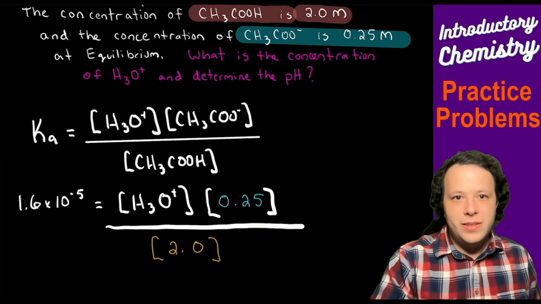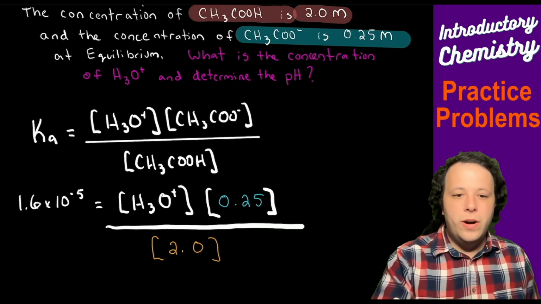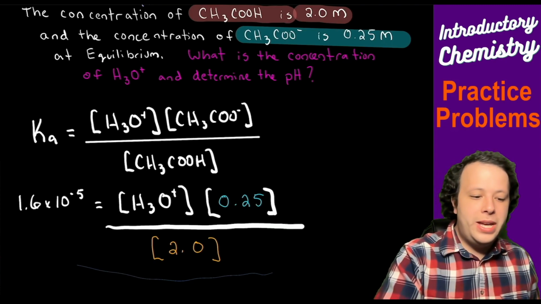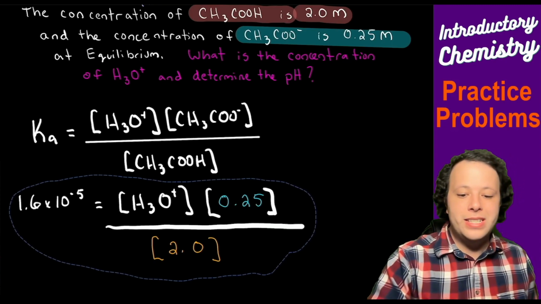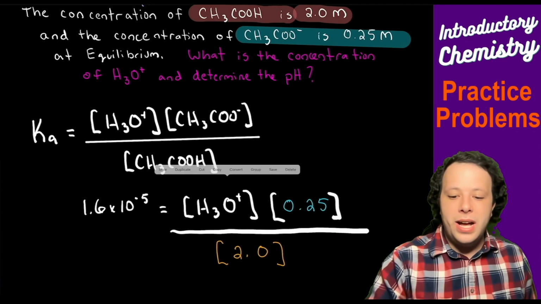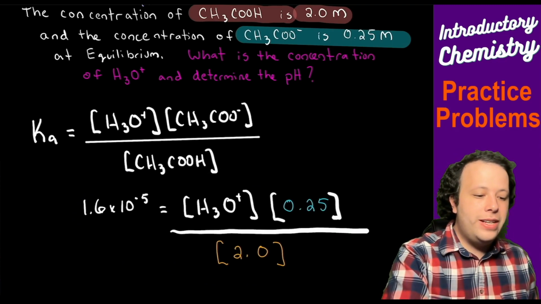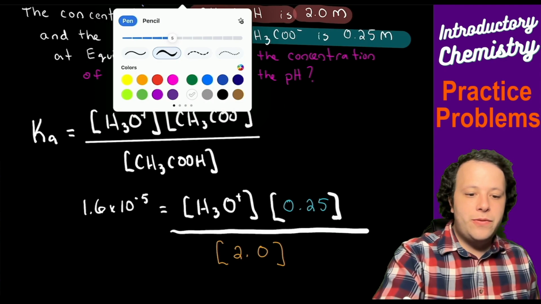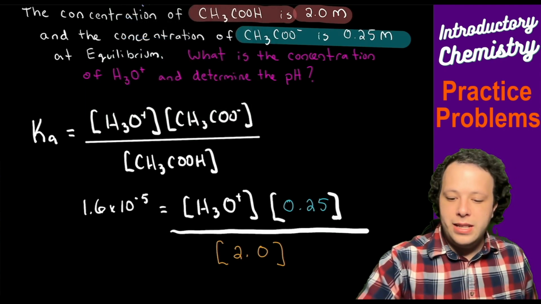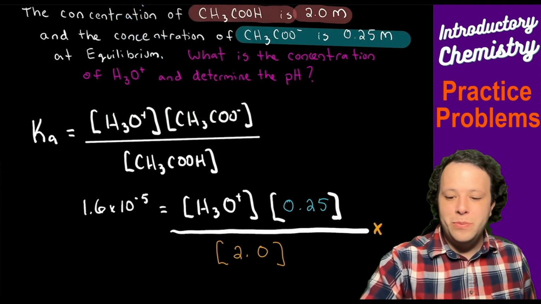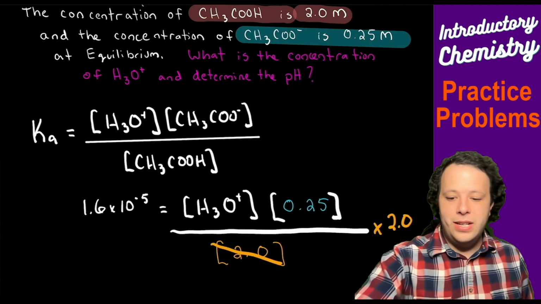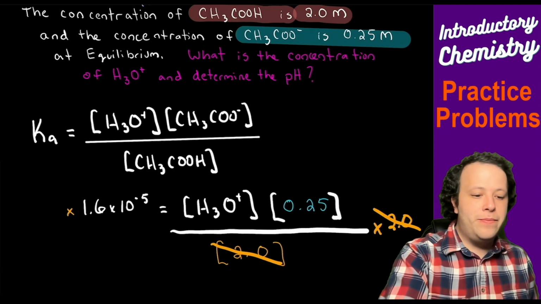All right, so what are we trying to do here? Well, we have to get H3O plus by itself. So how do you do that? Well, this is all an algebra problem. The first thing we're going to do to get this by itself is multiply both sides by 2.0 to cancel out the 2.0 on the bottom.